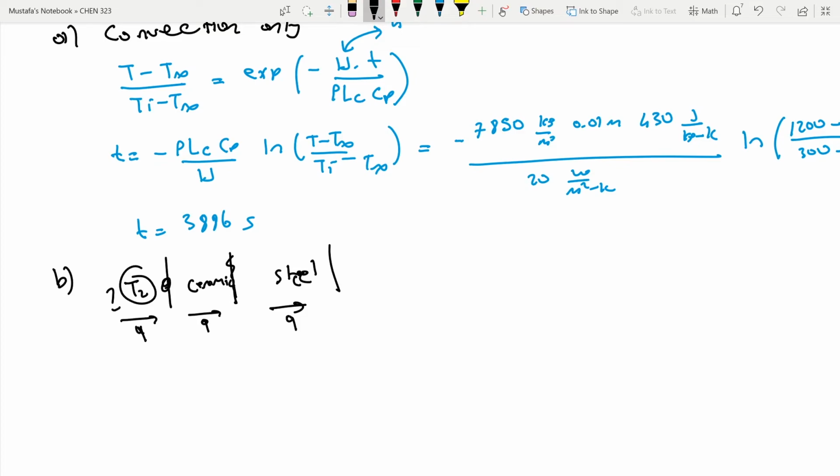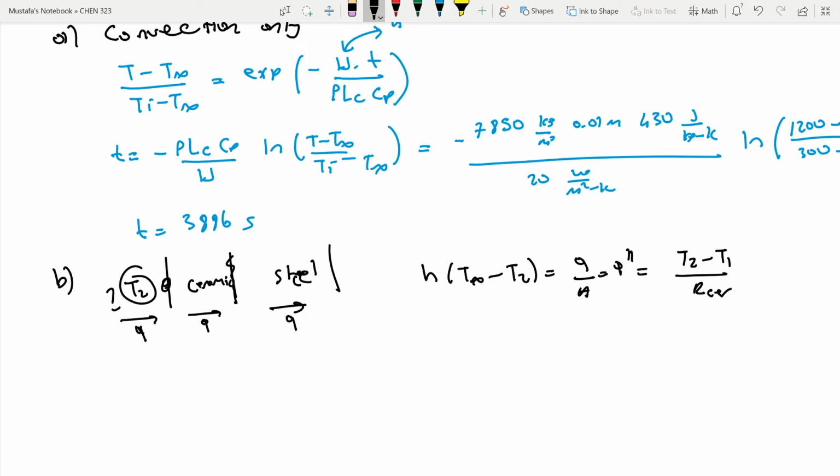So that means h times T infinity minus T2 is equal to Q over A, or Q double prime, which is equal to T2 minus T1 over R ceramic.